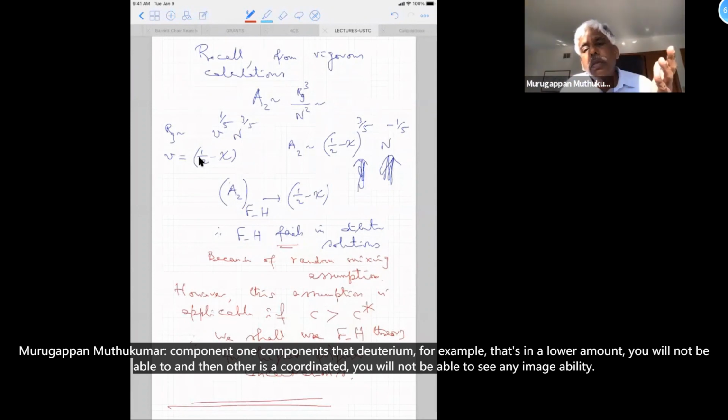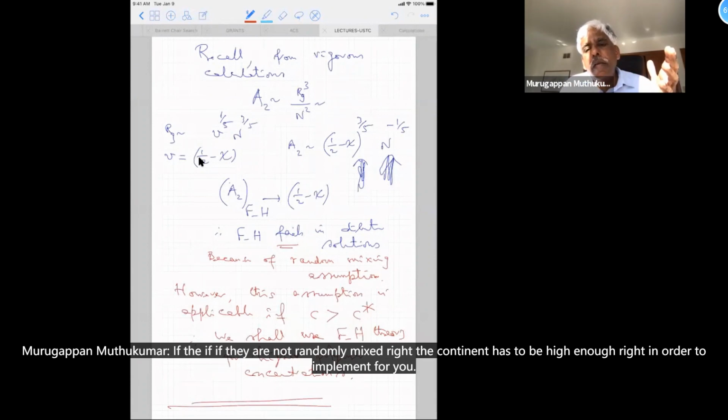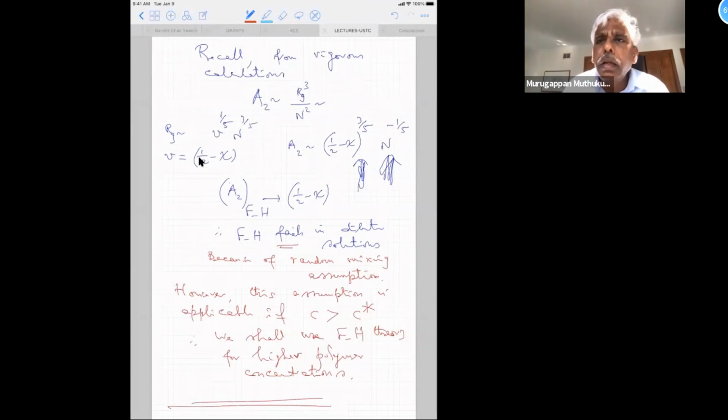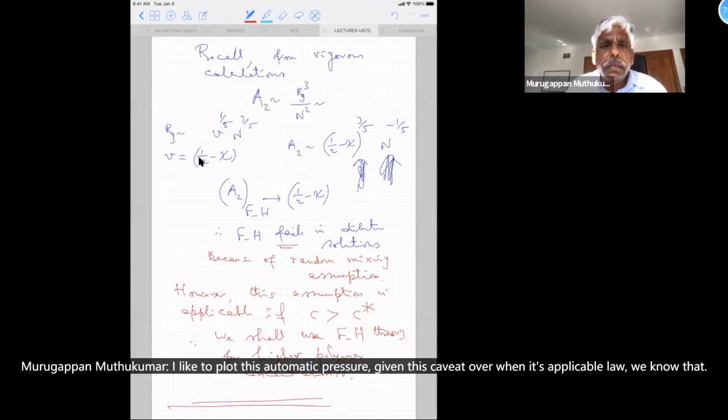You will not be able to see any immiscibility if they are not randomly mixed, right? The concentration has to be high enough in order to implement Flory-Huggins theory. Okay. Now, given this, what I would like to do is plot this osmotic pressure, given this caveat about when it's applicable or not.